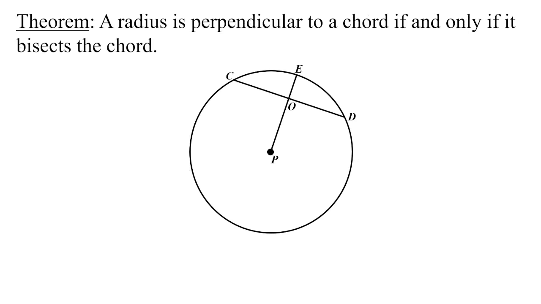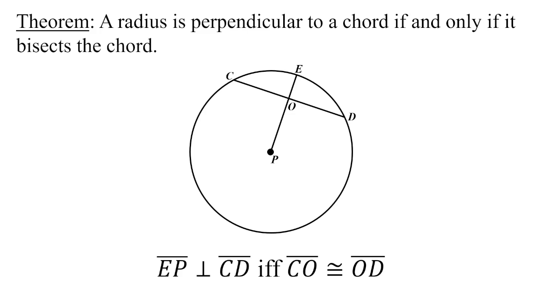So the next theorem: a radius is perpendicular to a chord if it bisects the chord. So a radius is perpendicular, meaning that the radius makes a right angle with the chord. If that happens, it bisects the chord.